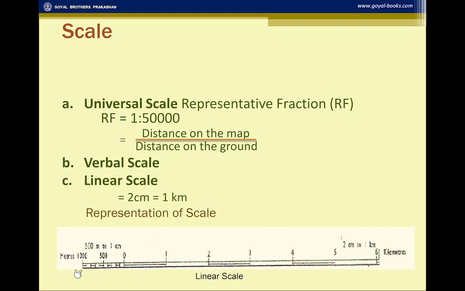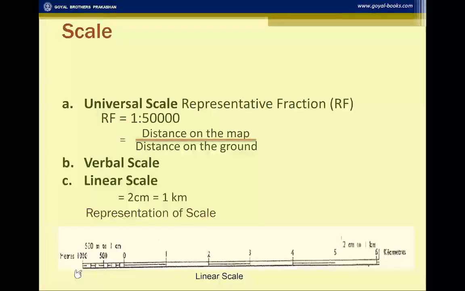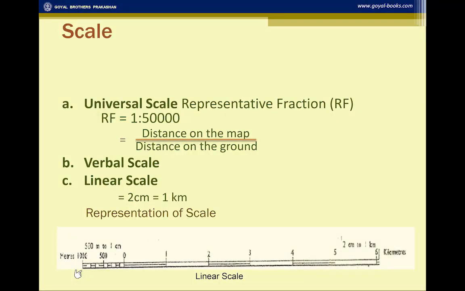Here, this scale is drawn. This linear scale shows 6 kilometer on the right of the 0 and the 1 kilometer on the left. You know there are 1000 meters in 1 kilometer. Now, when we are discussing this, you will see each compartment is of 2 centimeter to correspond with the survey sheet.